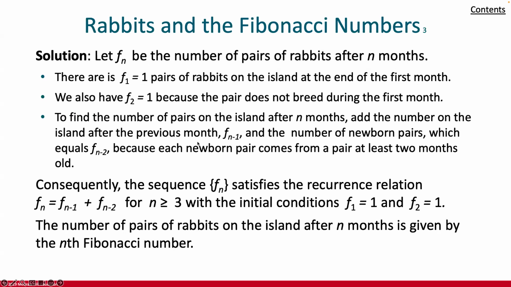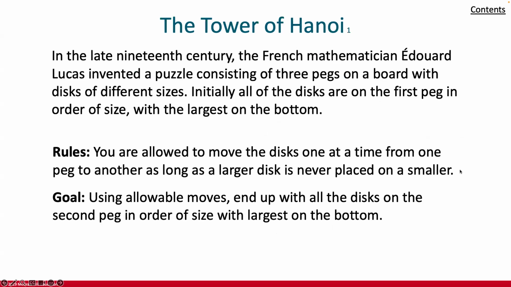To find the number of pairs on the island after n months, add the number on the island after the previous month, that is f_{n-1}, and the number of newborn pairs, which is equal to f_{n-2}, because each newborn pair comes from a pair of at least 2 months old. Okay, there's more there that you can review, and you can also see Rosen.